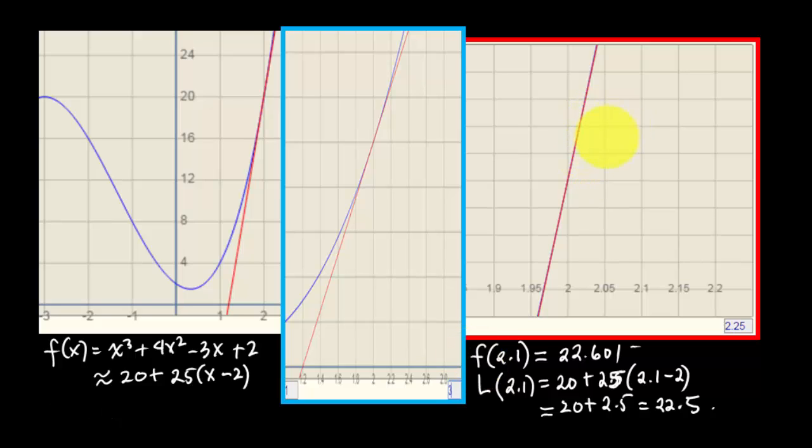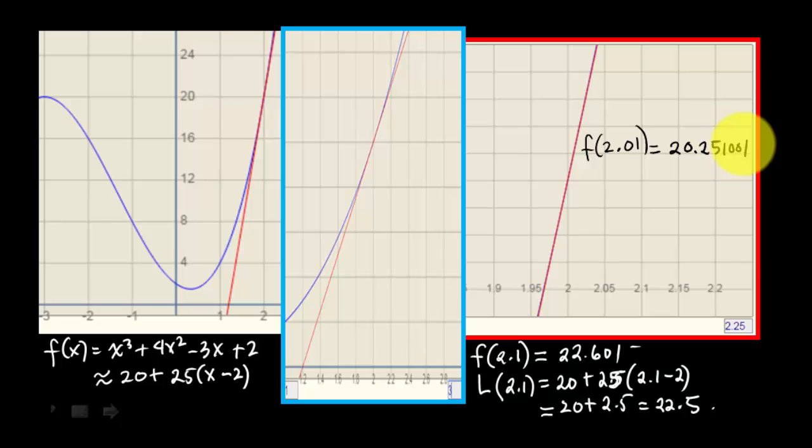So suppose we want to approximate what is f of 2.01. So see, that's 2.05, so 2.01 is right about here. Well, I can't really tell the difference, right? So what is the actual? So if we use that complicated function and plug in 2.01 in here, okay, it's gonna look like 20.251001.